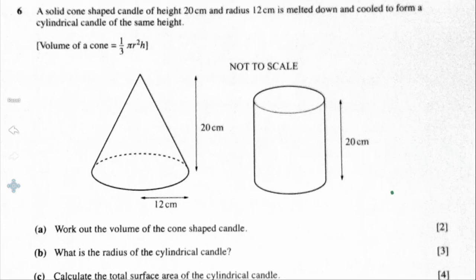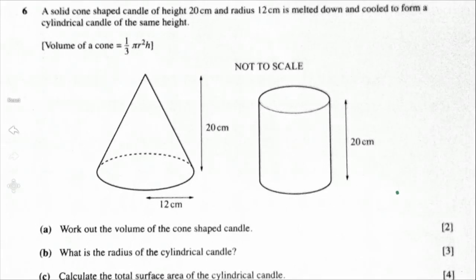You can see that the cone here, if that's the center, the radius there is actually 12. That's the radius r of that cone. Then to get the volume, the volume of a cone is equal to 1 over 3 pi r squared h.